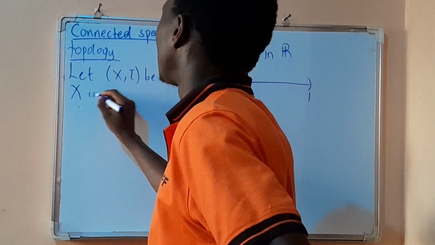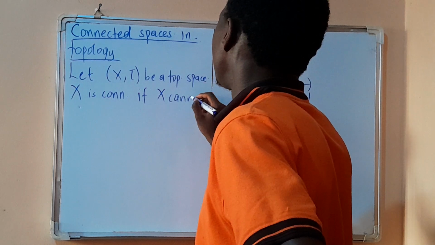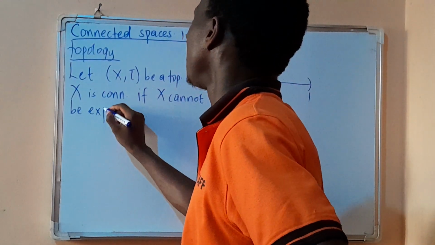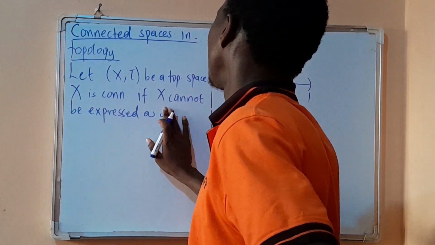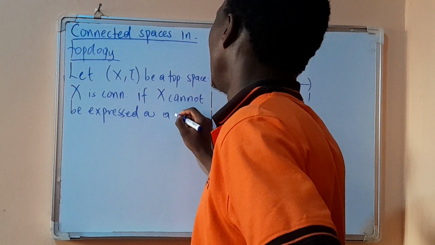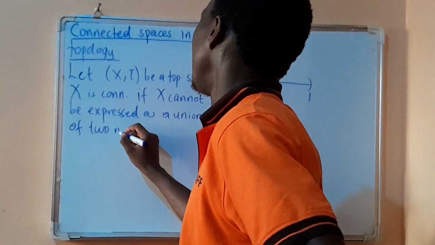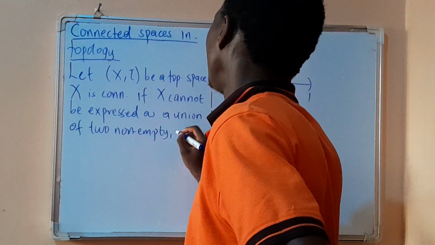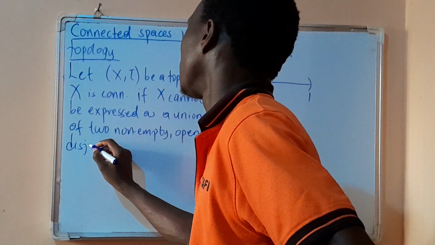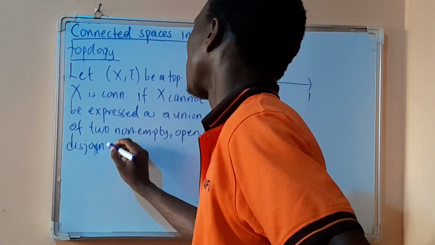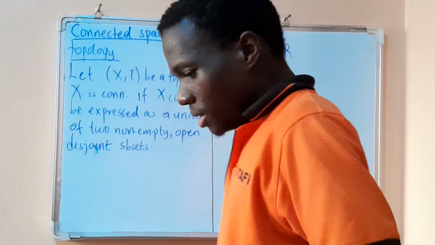X is connected, allow me to use that abbreviation, if X cannot be expressed as a union of two non-empty, open, disjoint subsets. What are we trying to mean there?